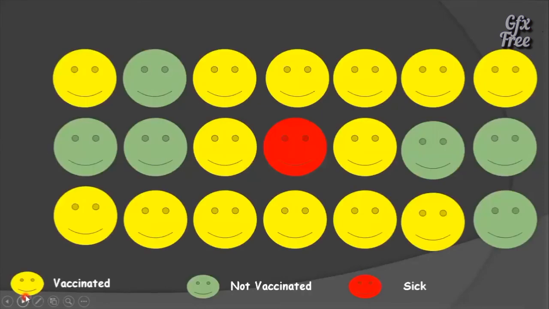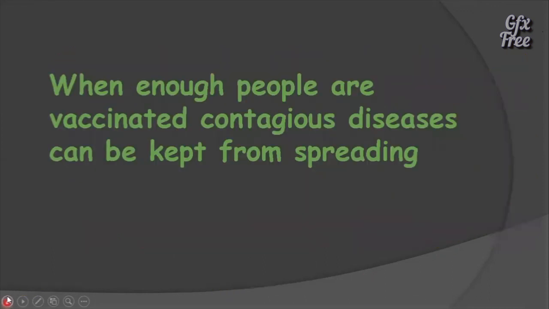When most of them are vaccinated, these vaccinated individuals protect the non-vaccinated but healthy individuals from the sick population. They cover up the sick population from the non-vaccinated population and protect that community. Again, when enough people are vaccinated, contagious diseases can be kept from spreading.